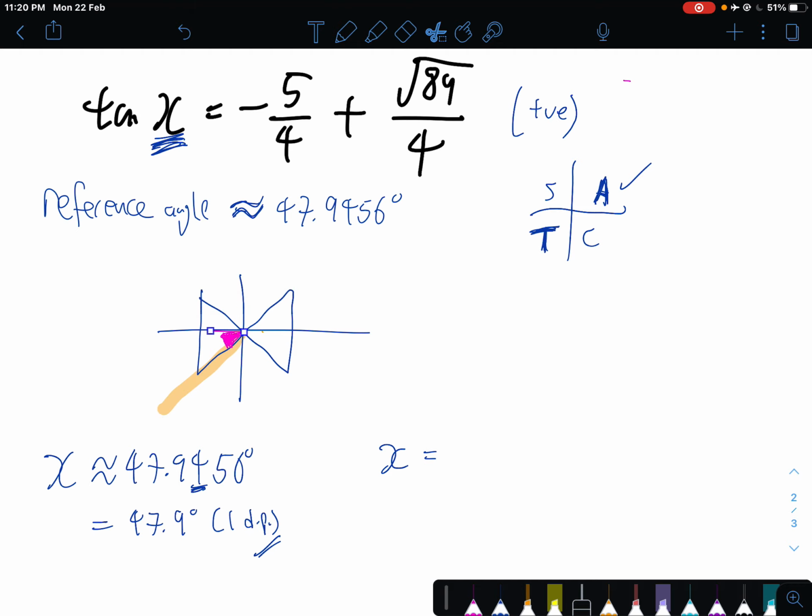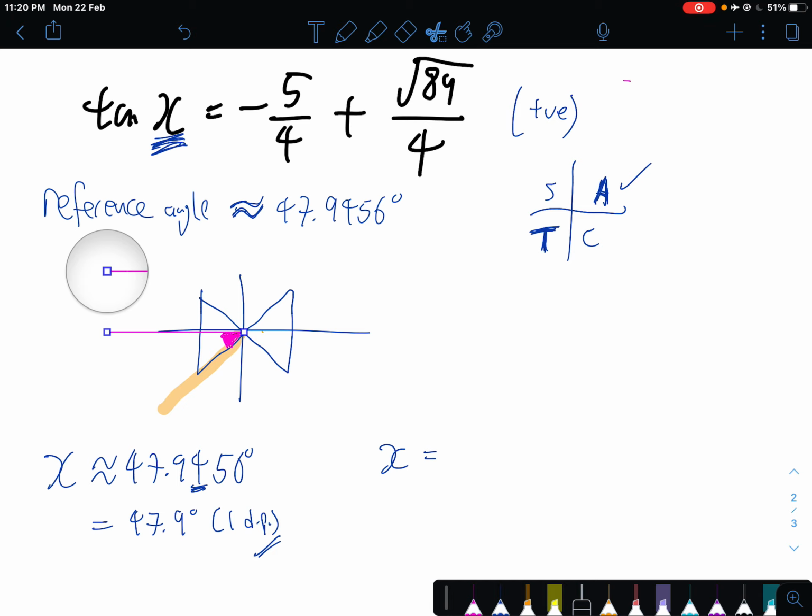And how do you do that? It's very simple. You just start from here, 180 degrees, and then you add a little bit more, which is your reference angle. Right? Can you visualize that? Starting from the positive x-axis, you rotate anti-clockwise 90 degrees. Is it enough? No. Continue. Do we stop at 180 degrees?